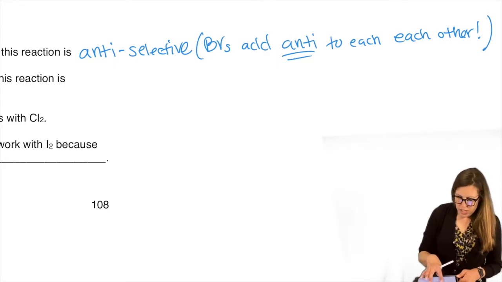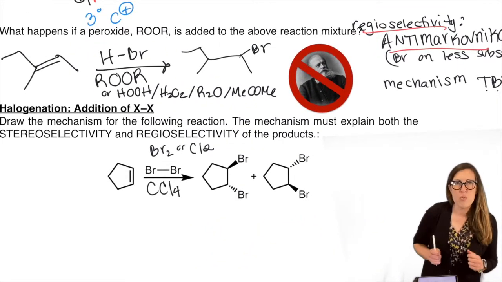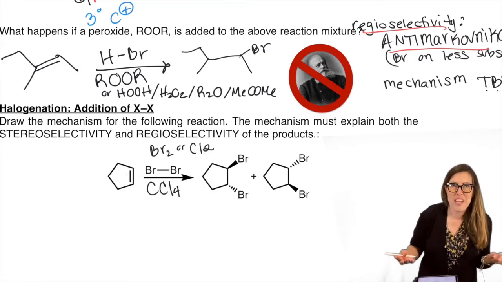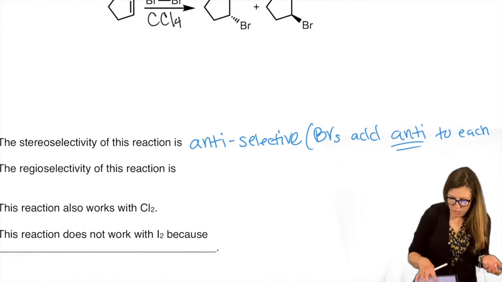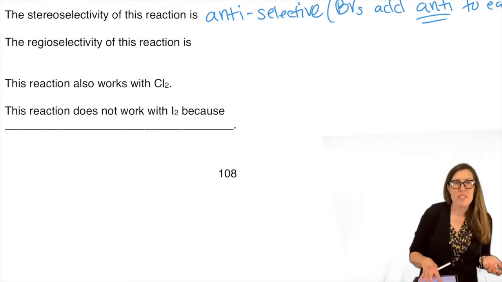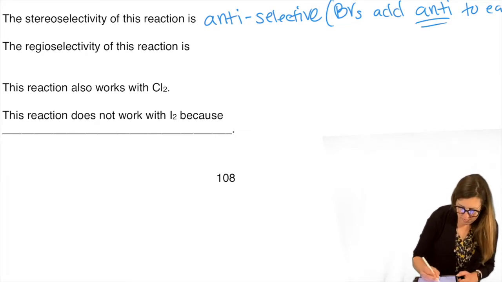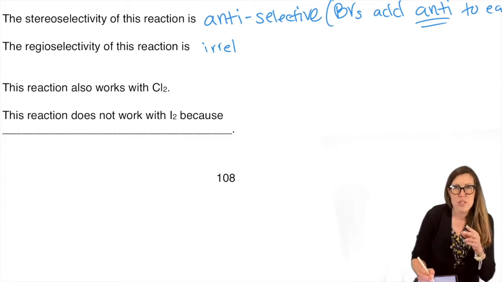What about regioselectivity? Regioselectivity would say, okay, we're adding a Br and a Br. Which carbons get the Br? But they each got one. So this is an irrelevant question. I'll write irrelevant here because both carbons, each carbon got one, right? We don't have to say which carbon got it since we added two things. We always do that across a pi bond.